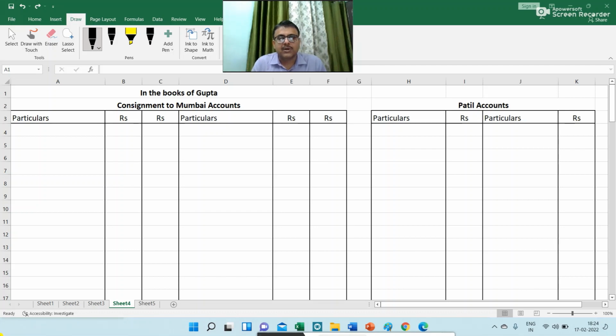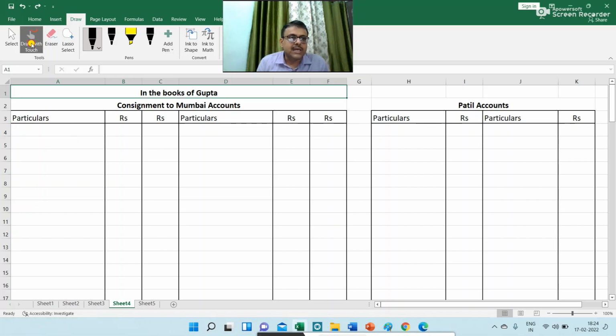Gupta is the consigner. So I need to write here: to goods sent on consignment account, rupees 2,40,000.